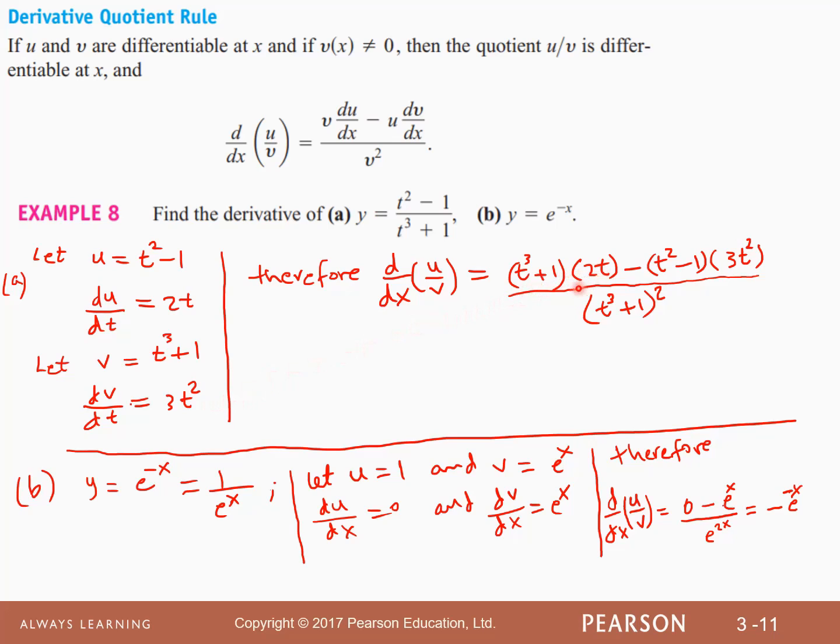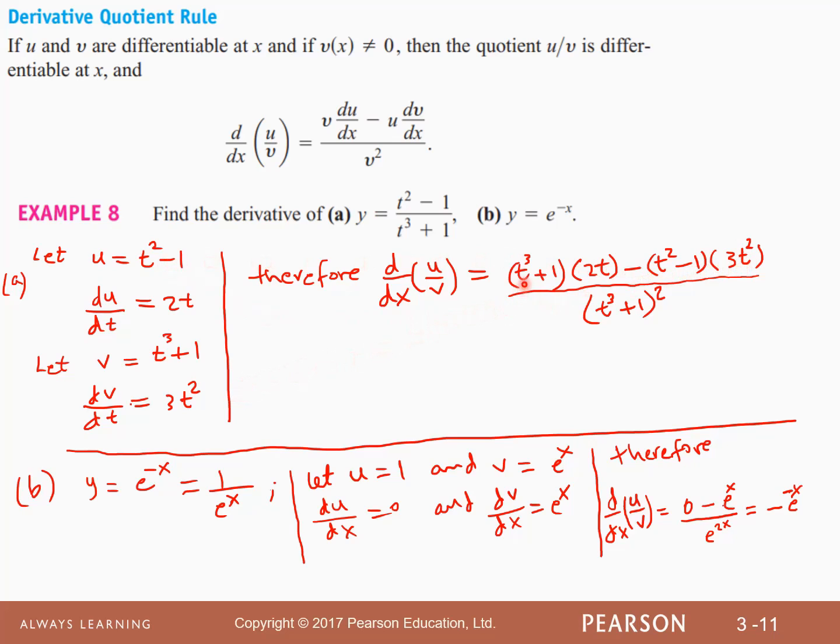So v multiplied by the derivative of u minus u, this is u, multiplied by the derivative of v, and this is the derivative of v.